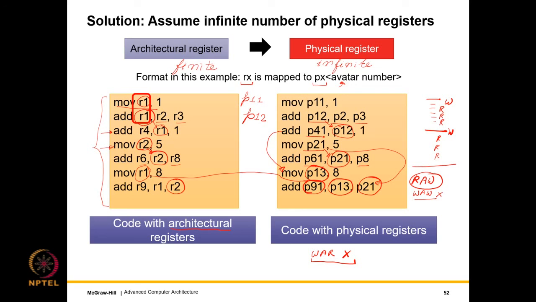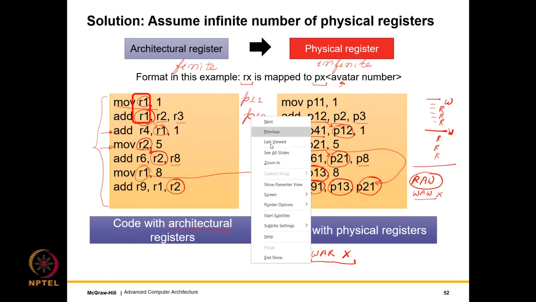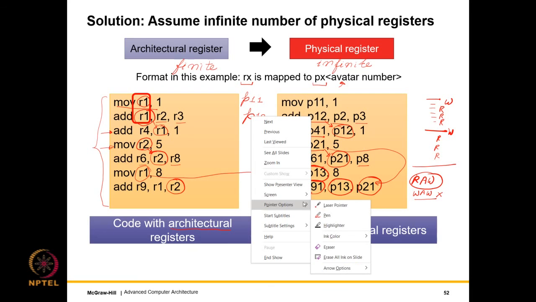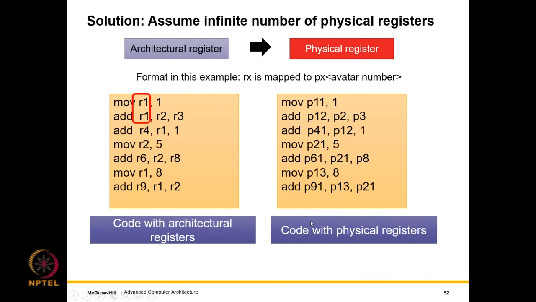Now let me erase the ink on this slide and I can take you through this through the animation. As you can see, there is a write after write dependence over here, but there is no such dependence on the right side. The read after write dependence is clearly visible.